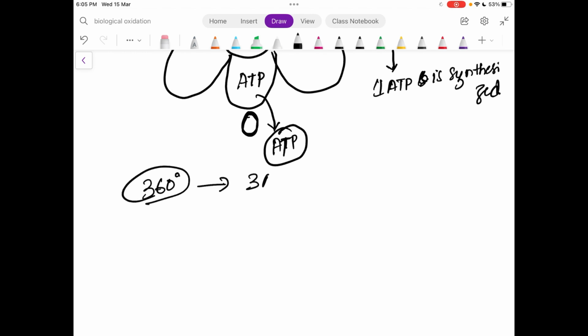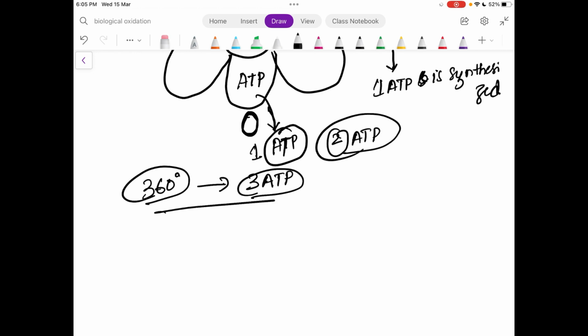We'll get 3 ATPs. That means for one rotation of 120 degrees we are getting 1 ATP. Another 2 more rotations will release 2 more ATP. Total how many ATPs for 3 rotations? You will get 3 ATPs. That means 360 degrees will cause release of 3 ATPs.